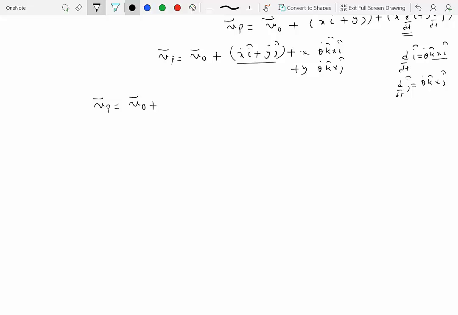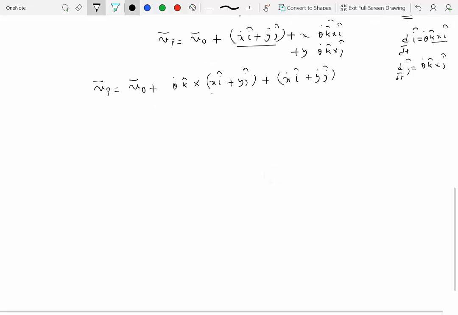Let me first write the last term: this is theta dot k cross, I can associate x with i hat and y with j hat, with theta dot k outside, plus x dot i hat plus y dot j hat.